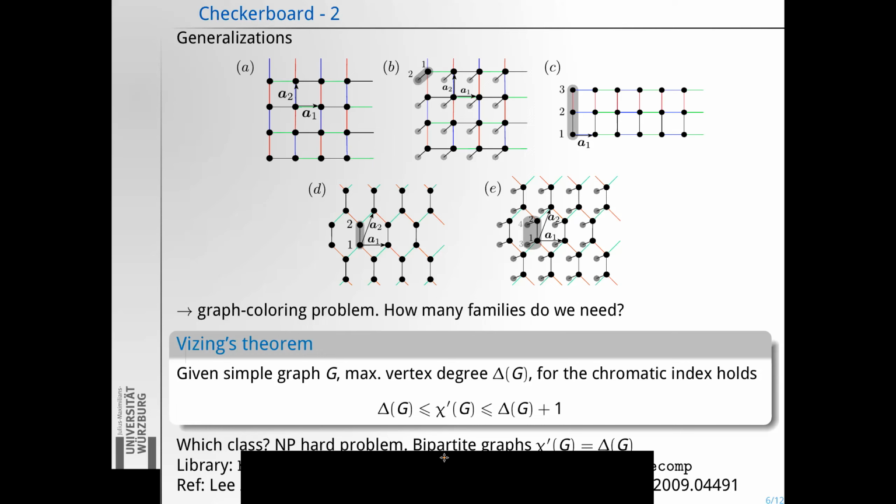It's even the case that there are better and worse checkerboard decompositions. Different checkerboard decompositions could have different systematic Trotter errors. So that's also a thing to consider. Okay, thank you.